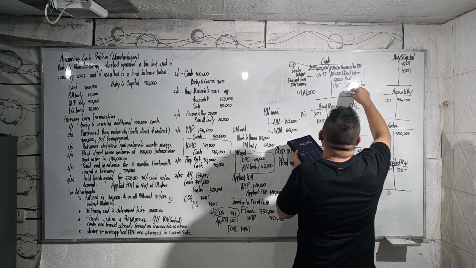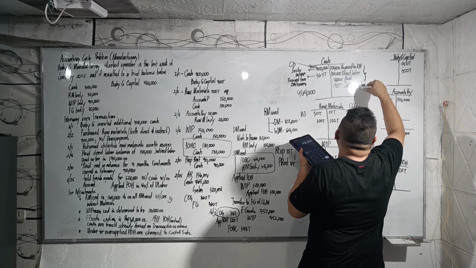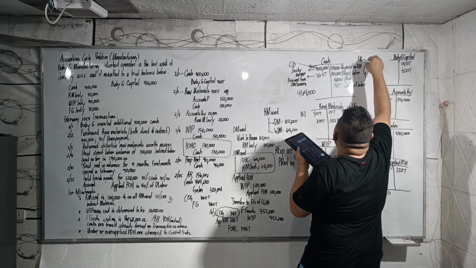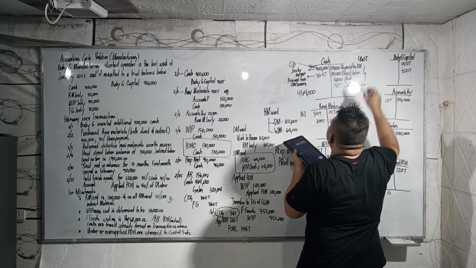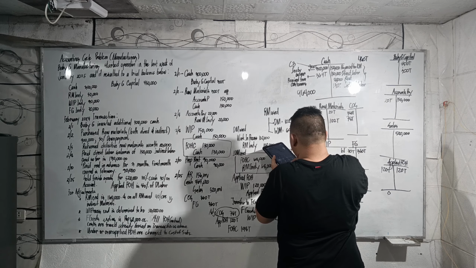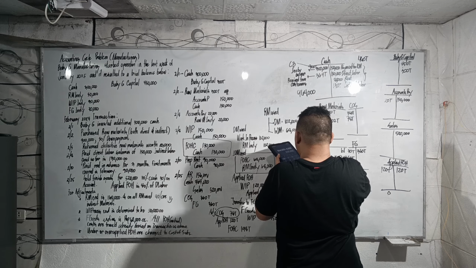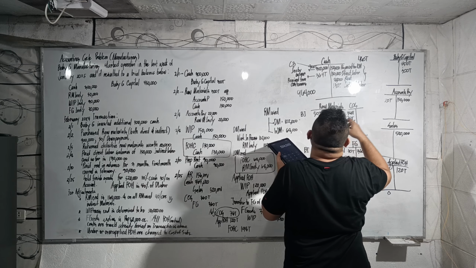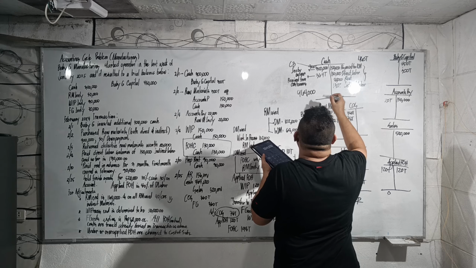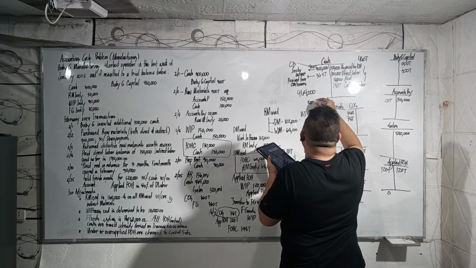We have 460,000 here. So 964,000 minus 460,000, we have 504,000. So the cash is 504,000.